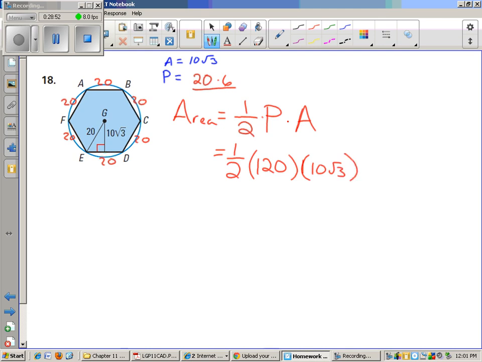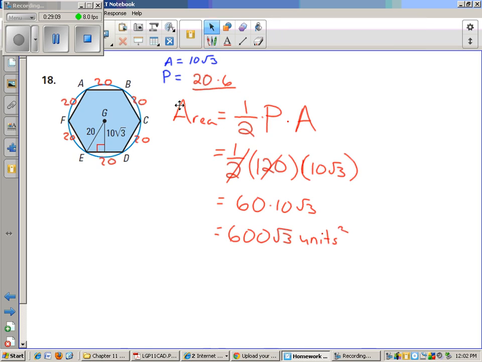It doesn't really matter which way you do this, but we'll do 1/2 of 120 and get 60 times 10 root 3. So that is 600 root 3 units squared. Good. 600 root 3 units squared. Okay.